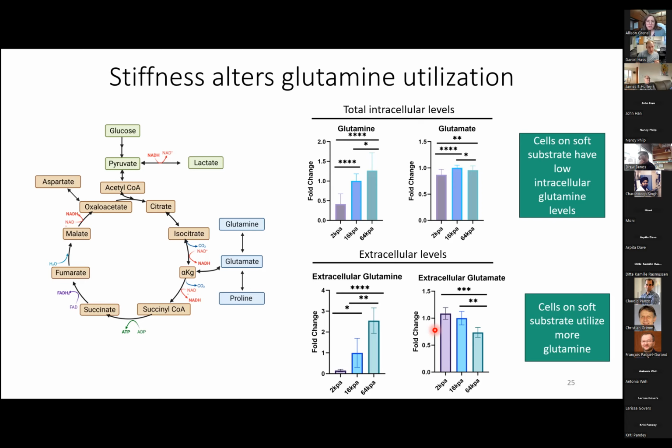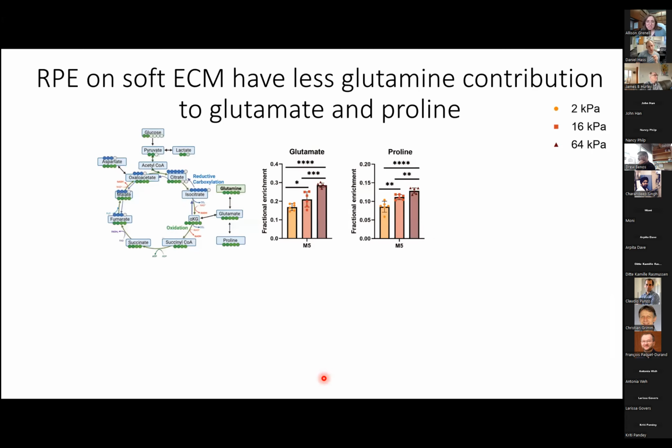So although there were low intracellular glutamine levels on the softest substrate, there does appear to be an increase in the amount of glutamine that's being taken up. So I wanted to look directly at glutamine metabolism first to see what was going on.